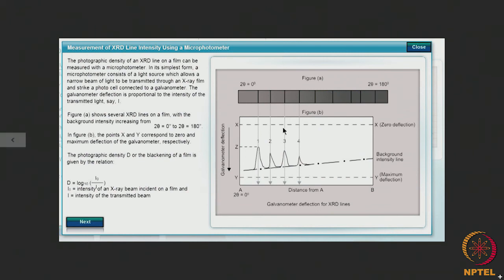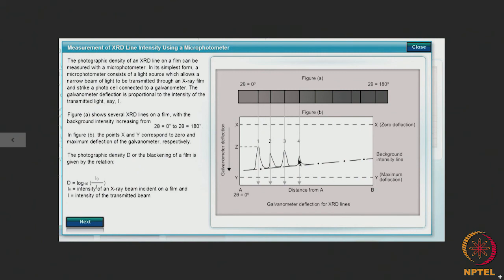The galvanometer deflection will be proportional to the intensity of the transmitted light, we say I. Now, in this figure, several XRD lines have been shown on a film, and the background, as you can see, changes from light to very dark as we move from 2 theta equal to 0 to 2 theta equal to 180 degree. Now, this is figure B, and here the point X corresponds to where the galvanometer shows 0 deflection, and Y is the point where the galvanometer shows maximum deflection.